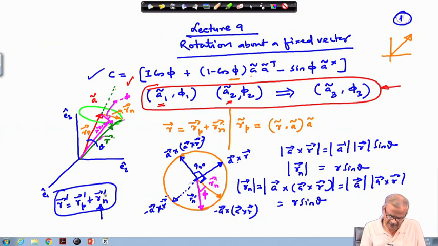If we can define this r prime n, our job will be done. For defining r prime n, we see that it is the component of this vector along this direction and then the component of this vector along this direction.